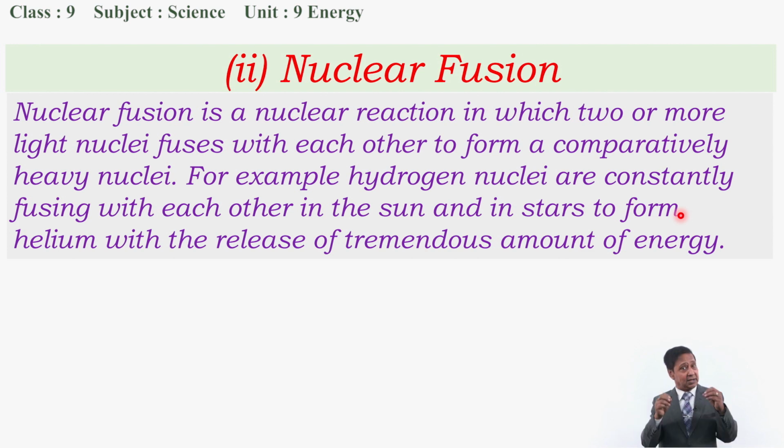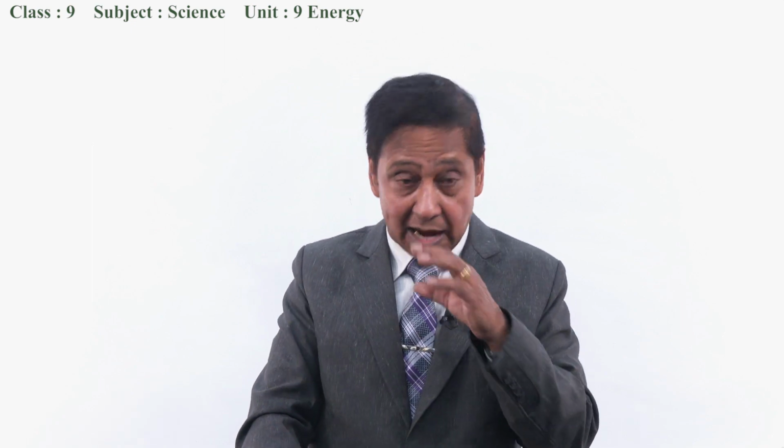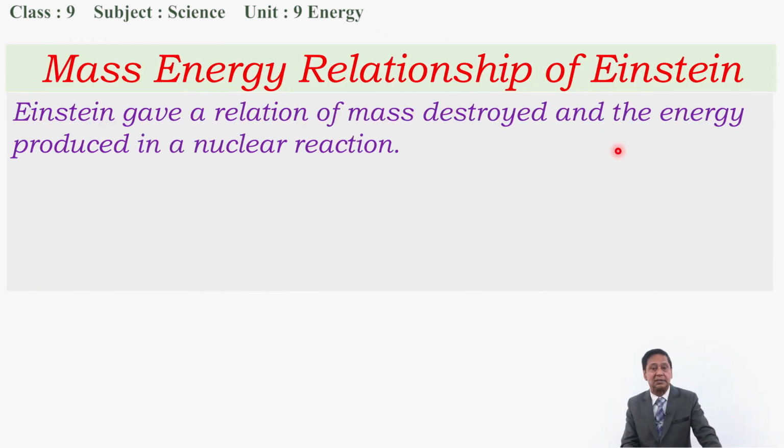Okay, if it is so, then what amount of energy is produced in the nuclear reaction? It was given first by Einstein, and he gave one of the very important equations that is called the mass energy relationship of Einstein. Einstein gave a relation of mass destroyed and the energy produced in the nuclear reaction.